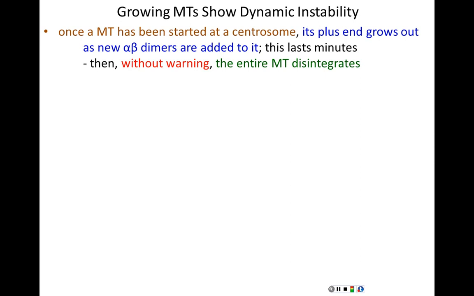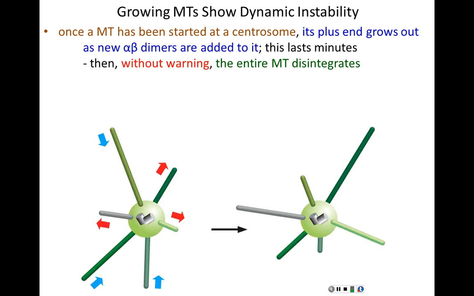Just as quickly as it had started to form, that same microtubule begins to disintegrate, and it unravels, and it retracts back towards the centrosome. In other words, the dimers start falling off of the plus end, causing the microtubule to shorten.